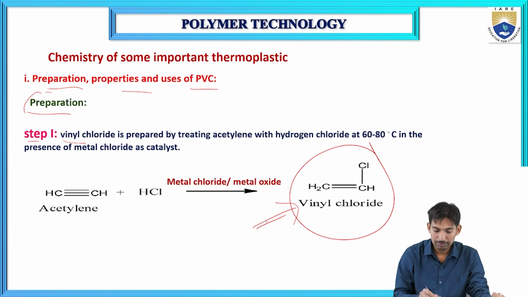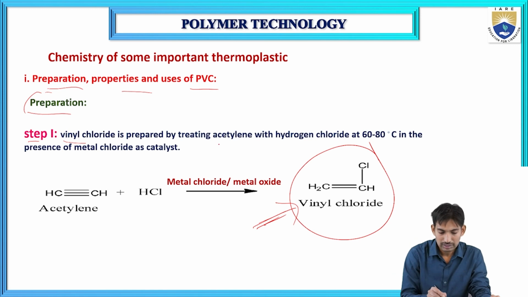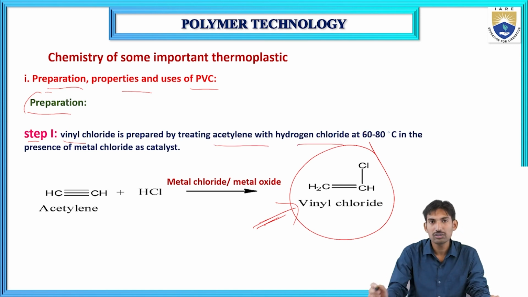In step 1, vinyl chloride is prepared using acetylene gas and hydrogen chloride.